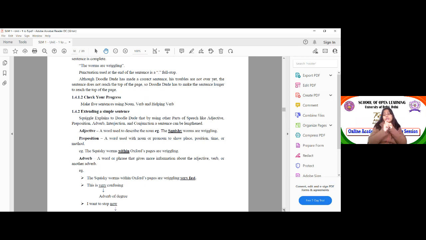It describes the verb. It is a describing word that describes the verb. Like she is very beautiful. Beautiful is an adjective. You are describing how she is. So it is a descriptive word which describes an action, describes a person, describes a noun, etc.